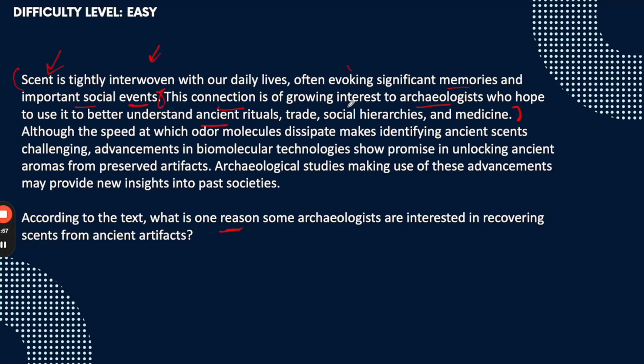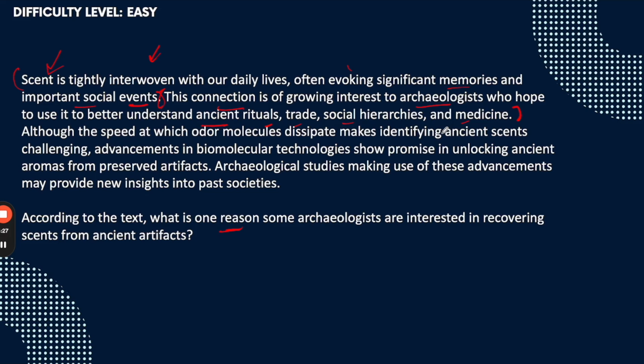It's telling us that this connection that the scent has with significant memories and important social events is of growing interest to archaeologists. They hope to use this connection to better understand ancient rituals, trade, social hierarchies, and medicine. They want to understand more about this, and so they are interested in scent, or understanding more about scent.